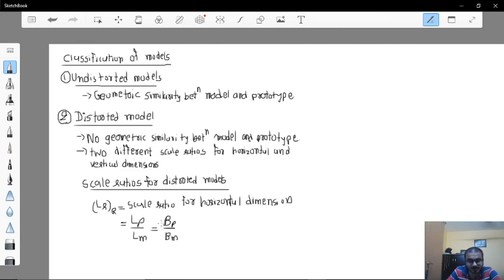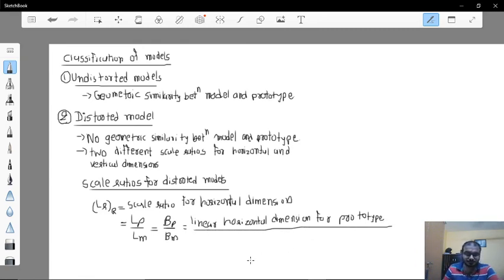That is linear horizontal dimension for prototype divided by linear horizontal dimension for model.